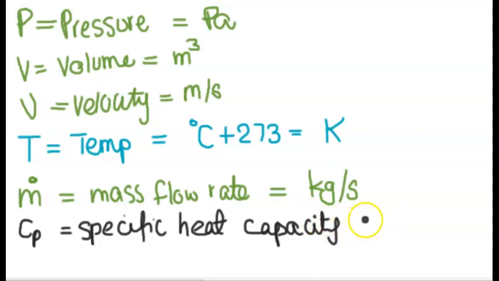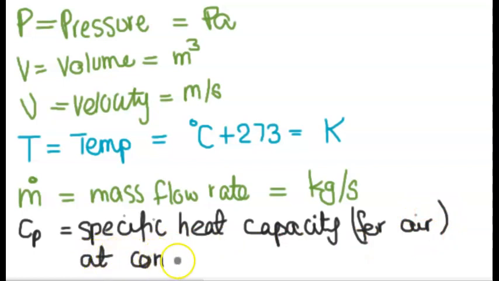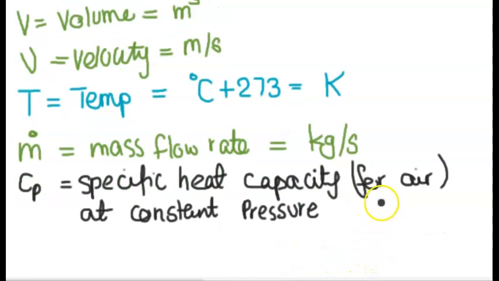Now for air, this is at constant pressure. For air, its value is 1010 joules per kilogram per Kelvin.